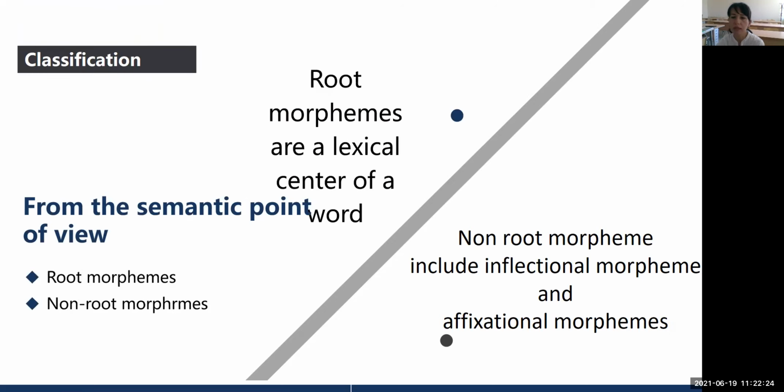Students, inflectional morphemes are added at the end of a word, and an inflectional morpheme only adds the grammatical meaning of the word, not the lexical meaning. For example, teaches. Here teach is a root morpheme, but -es is a non-root morpheme.